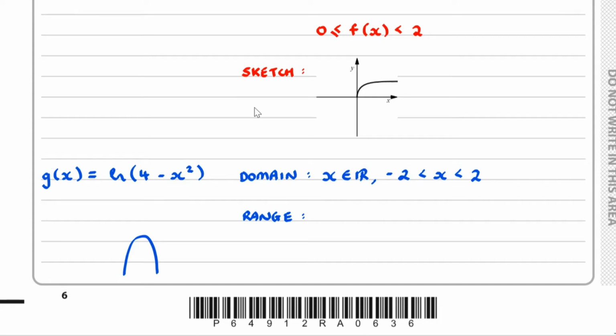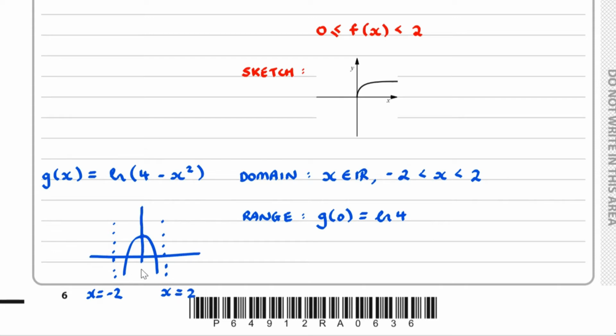So this maximum point, essentially, we can find by thinking about what happens when x is 0. So when x is 0, g of 0 is equal to the natural log of 4. And here we've got asymptotes x equals -2, x equals 2.